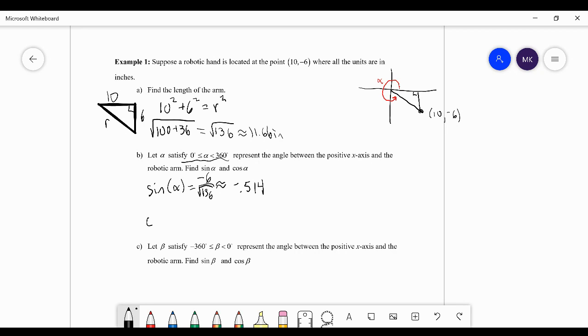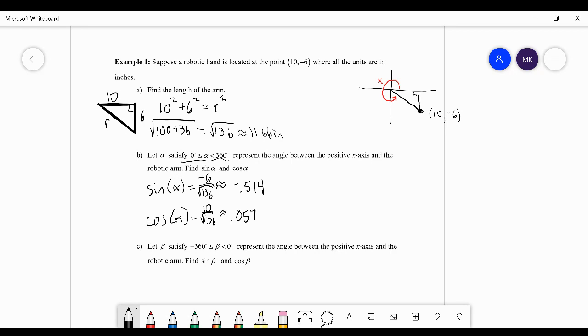Okay, what about cosine of alpha? Well, cosine is just the x over the radius. So this is just 10 over square root of 136, which is approximately 0.857.